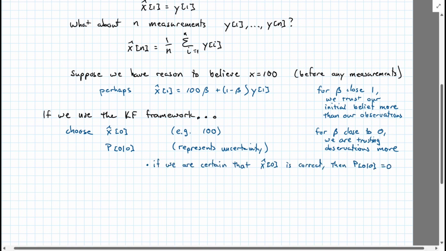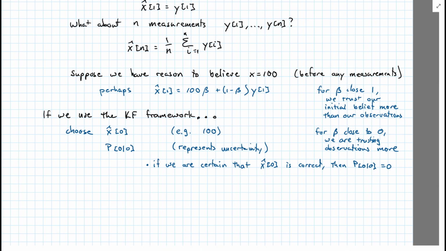Alternatively, if we have no idea about our initial guess, then we would choose a large P. It may be that we just don't have any idea about anything. So in this particular case, we're going to start out by choosing P0 given 0 to be 1 for now, and we'll talk more about our choices later.